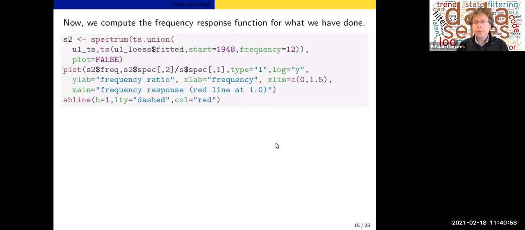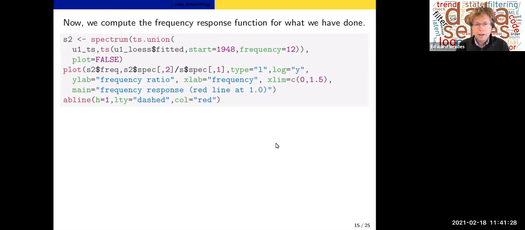Now, when you choose a smoothing parameter by eye, there's always the question, what did you actually do? What has this smoother done to the different frequencies? And so here we're going to compute the frequency response function for the smoother that we considered there, and we'll see which frequencies it cuts out and which it doesn't.